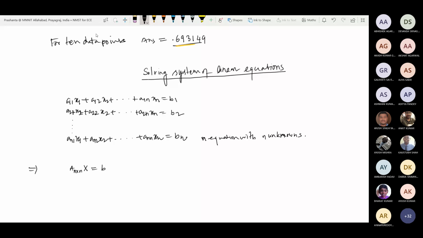A is called the coefficient matrix, B is the right hand side column vector, and X is the unknown vector.